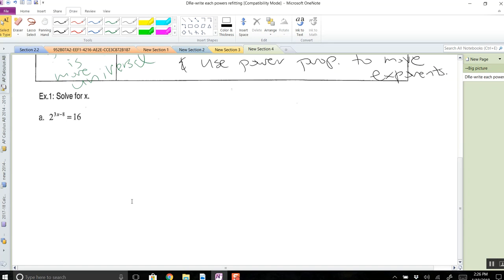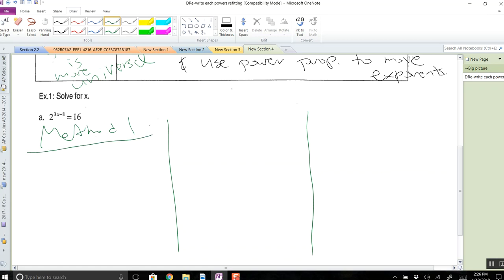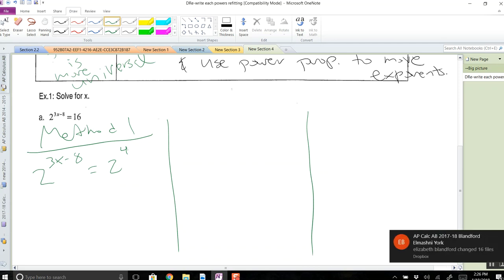So in this case here, if I use method 1, can I rewrite 16 as a new power with the base of 2? Yeah. 2 to the 4th, yep. You fully rewrite 16. Now, if it was 15, forget it. I don't know what 2 to what power is 15.